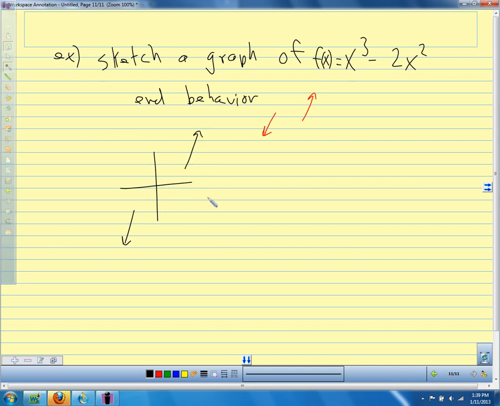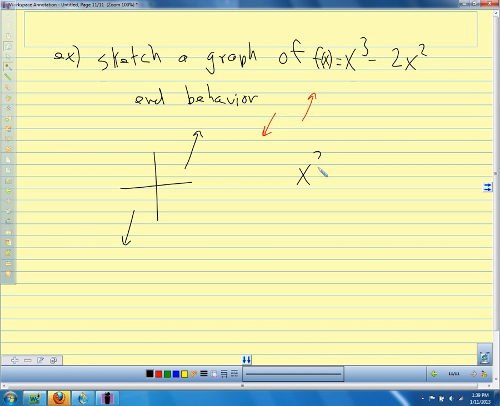So what happens in between here that we're interested in? Well, we can figure out where it intercepts the x-axis. If we figure that out, we can get a rough idea of what it does in between. It intercepts the x-axis when f of x equals 0.